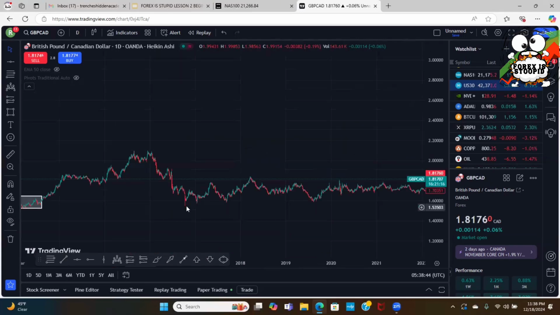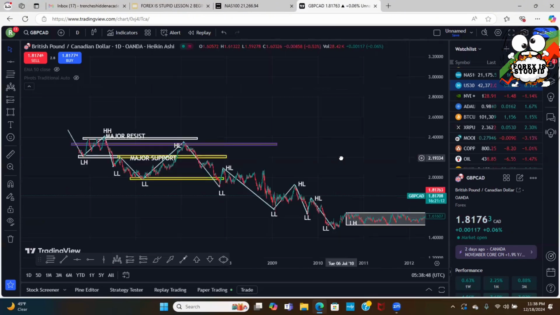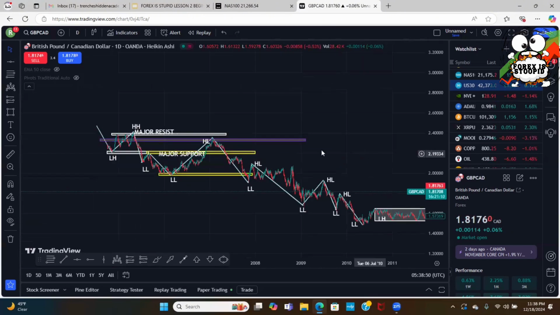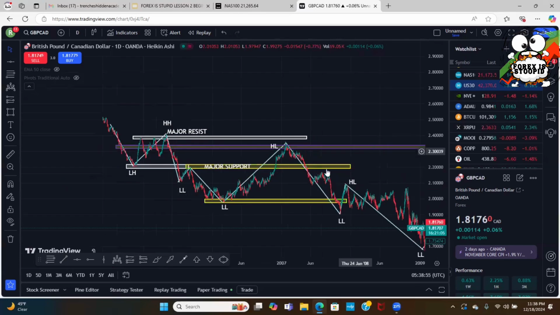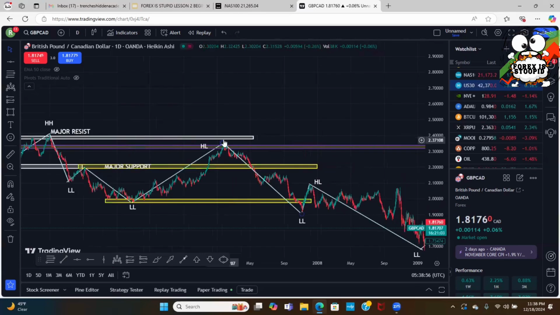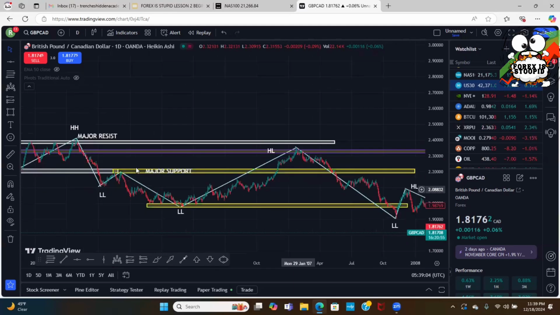There we go. So price made a higher low, then a lower low. It consolidated just a little bit in here. And it acted as a major support level here in the past.